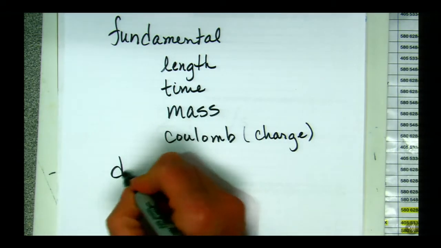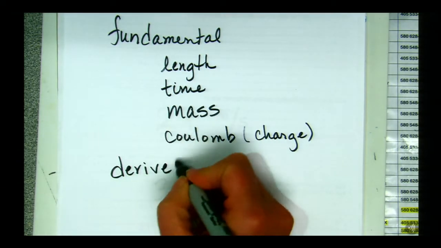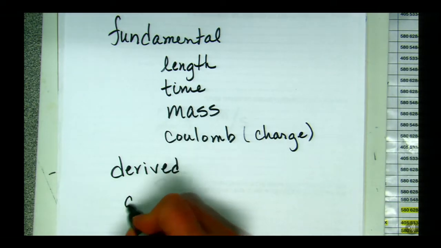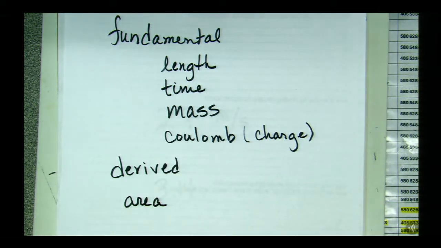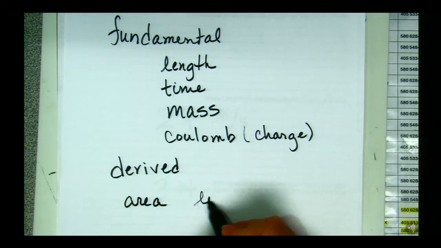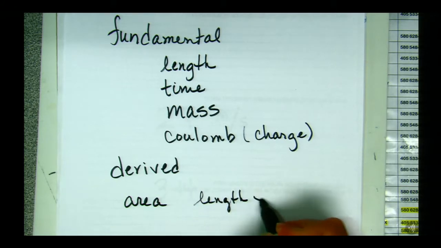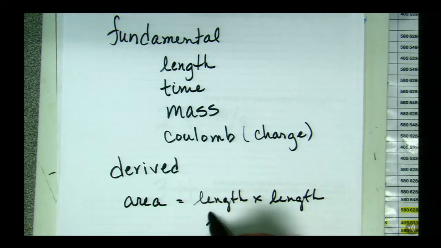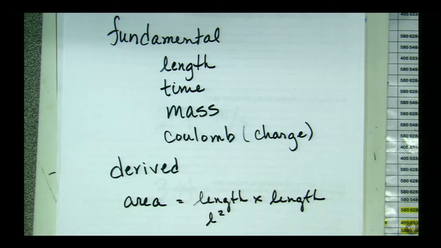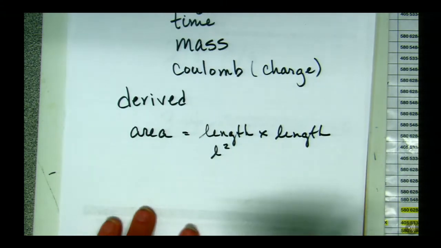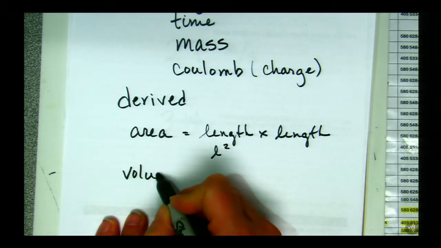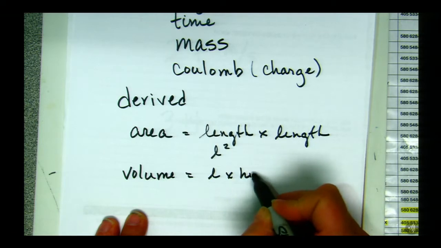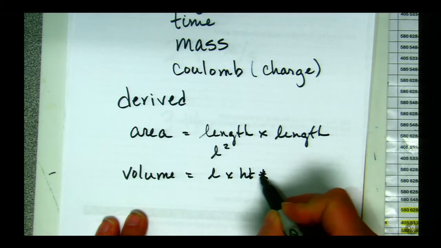And so area is a derived unit because it's length times length. So that's going to give me length squared. That's a derived unit. Volume is a derived unit. So I've got length times height times width. So that gives me L cubed.